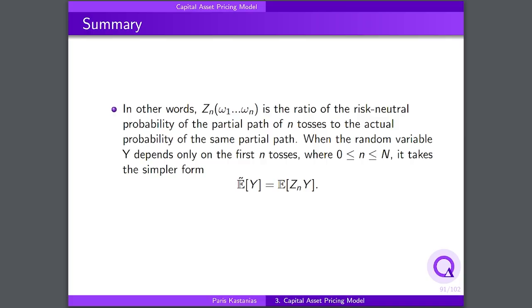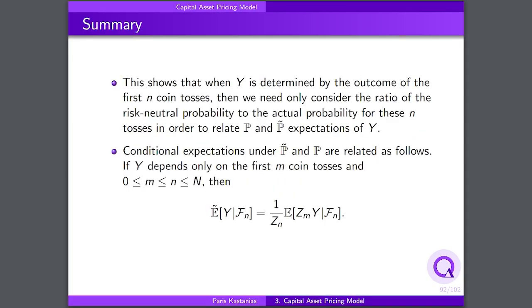And the random variable Y depends only on the first n tosses, where n is between 0 and N. It takes the simpler form: the risk-neutral expected value of Y is equal to the expected value of Zn Y. This shows that when Y is determined by the outcome of the first n coin tosses, then we need only consider the ratio of the risk-neutral probability to the actual probability for these n tosses in order to relate the p and p tilde expectations of Y.